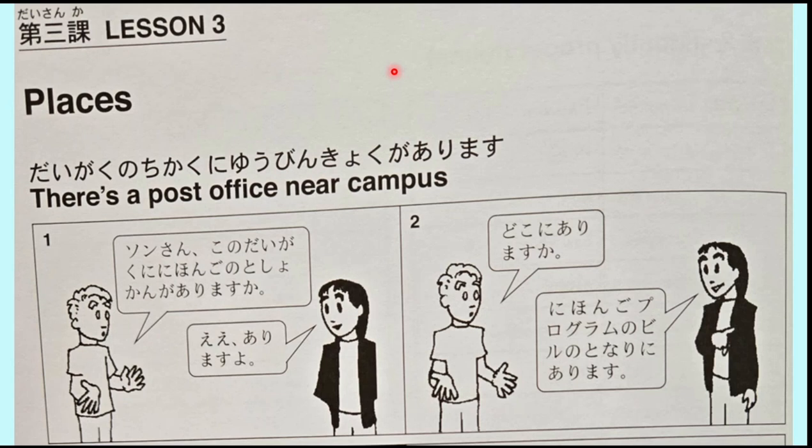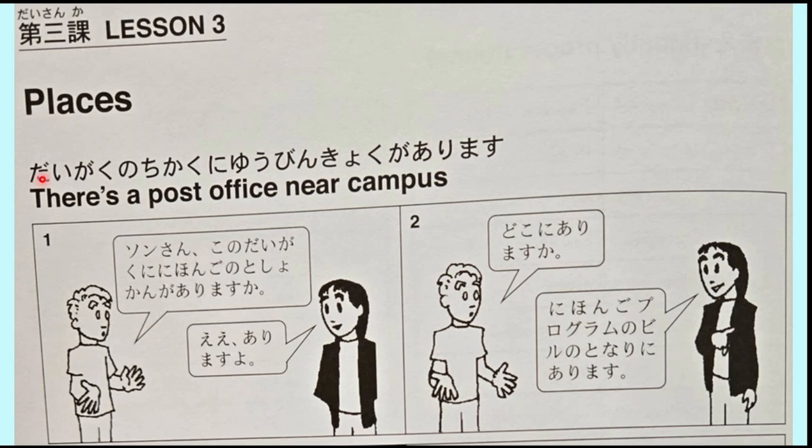As you can see here, there is a conversation going on between two persons. So let's try to read this hiragana. Although kanji has been introduced in this book, pure hiragana and katakana have been used in this lesson. No kanji have been used, so you should be able to read this through.